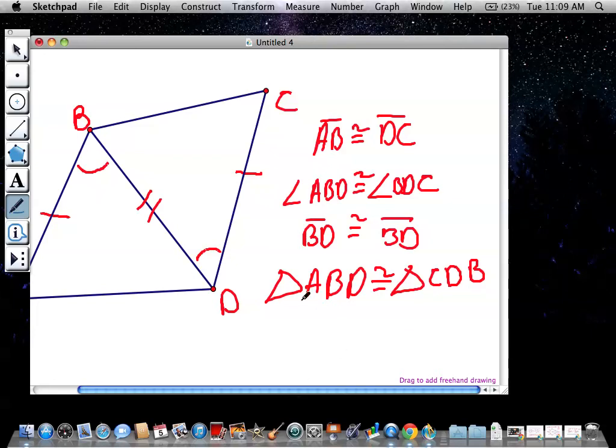All right, so this triangle is congruent to this triangle by side angle side. All right, that does it for Chapter 4, Section 5, Triangle Congruency, Side, Side, Side, and Side Angle Side.